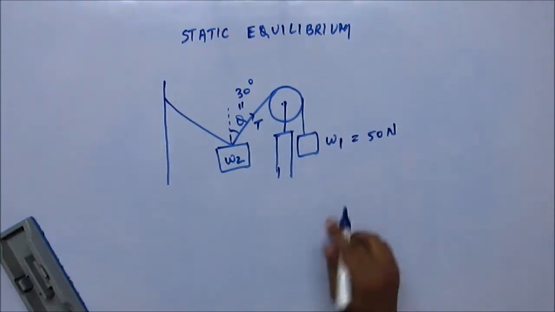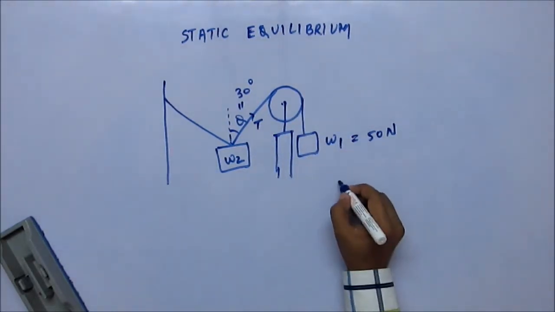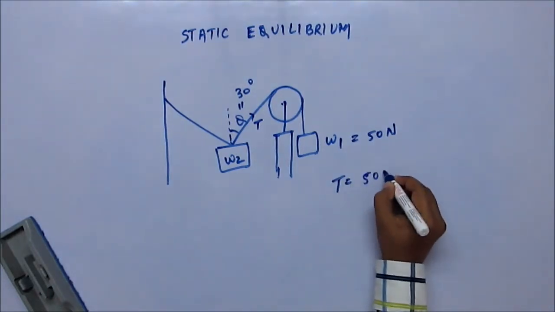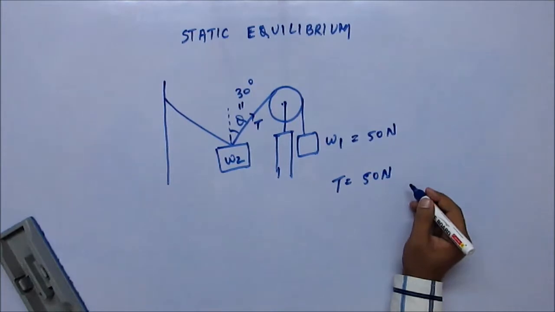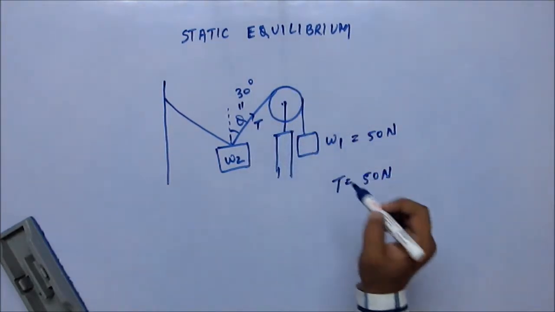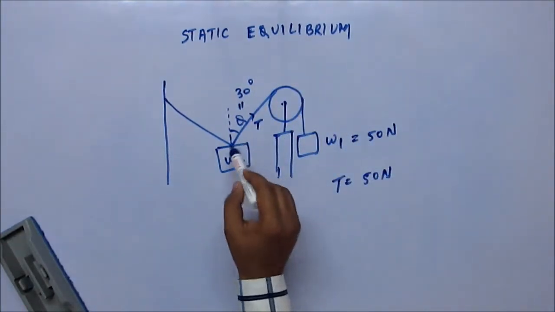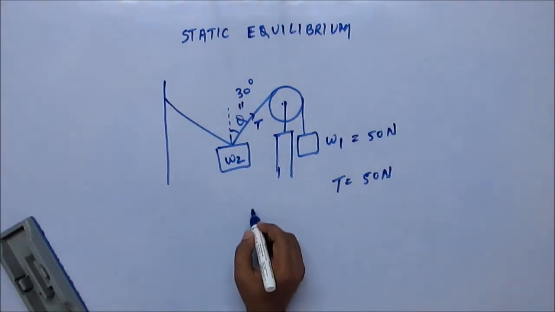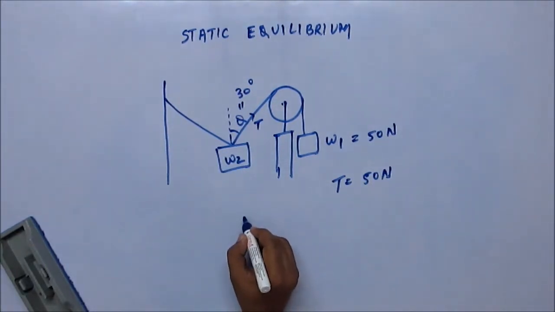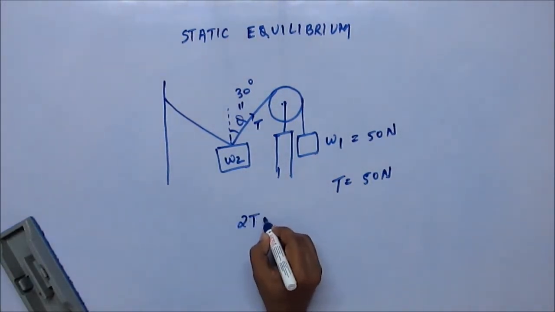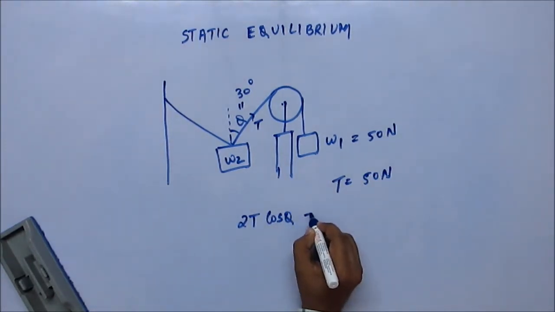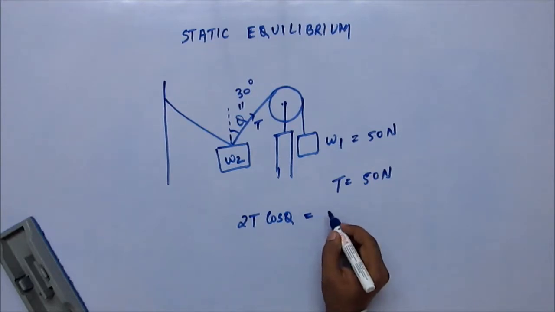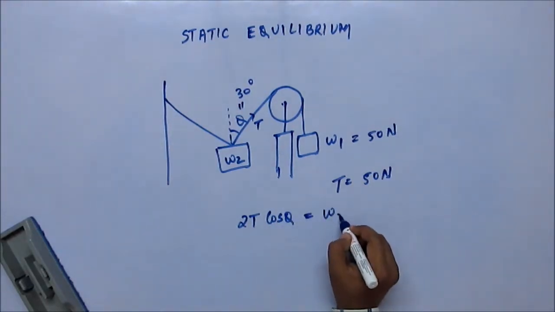In the vertical direction, if you write the equation of equilibrium, you will get T very easily as 50 Newton. That's how this weight will be balanced. Now if T is 50 Newton, let's come here and write the equation of equilibrium for weight 2 in the vertical direction. You'll get 2T cos theta equal to the weight W2.